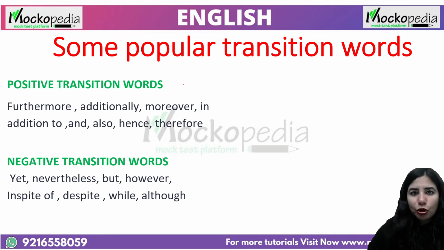Moreover, her parents would also accompany, right? I should buy chocolates, wafers, and coffee in addition to banana cake. And we have just seen also, hence as a conclusion indicator, I was sick, hence could not attend the party, right? She worked hard, therefore she could crack the exam. So all these are taking the discussion in the positive direction or in the same direction.